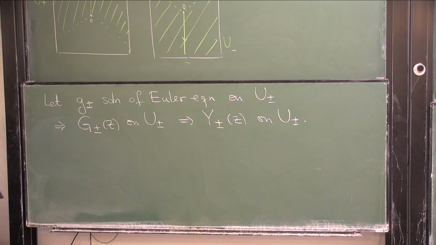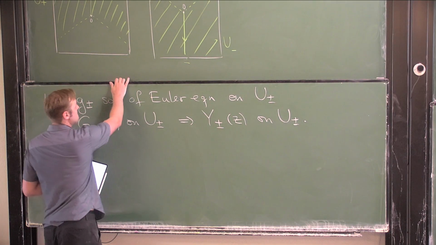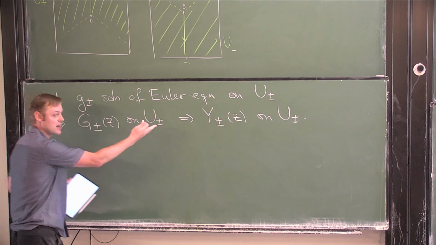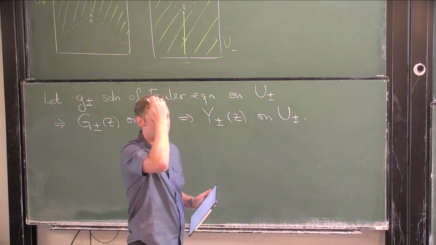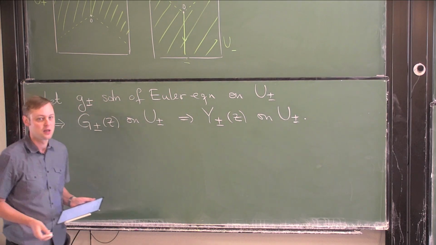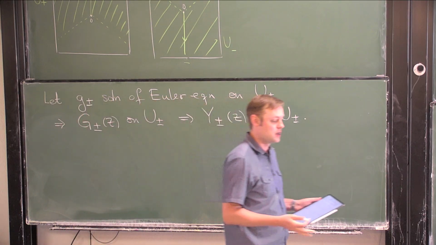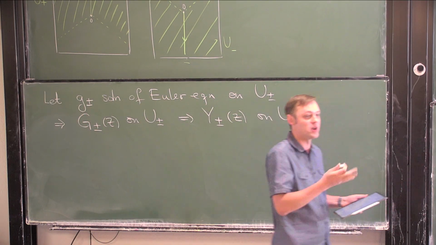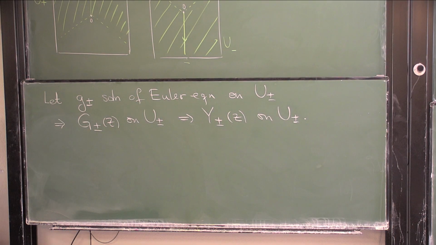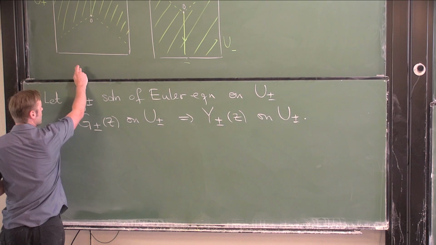Does this make sense so far? Let me compare these solutions. I have two sectors, two open neighborhoods, and they're intersecting. Each one comes naturally equipped with a fundamental solution. Are they the same fundamental solution? Or how do they differ?